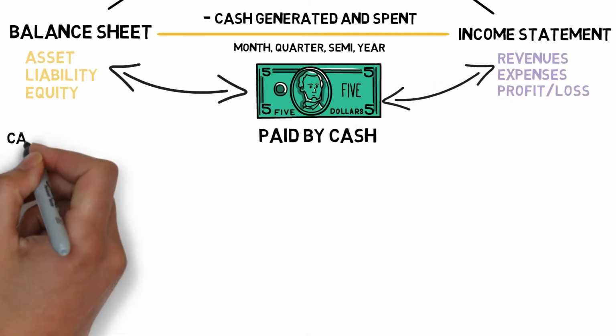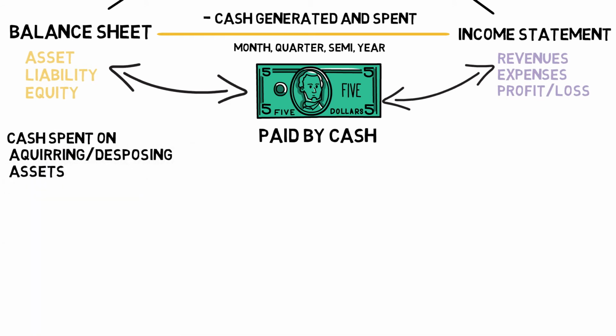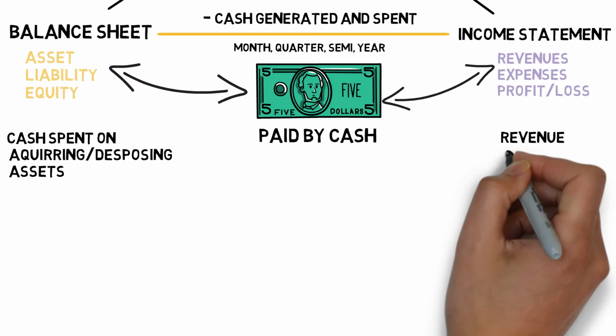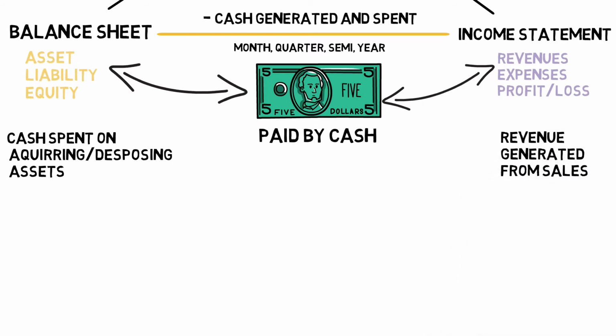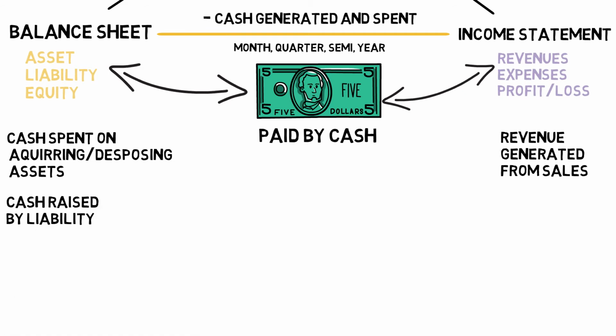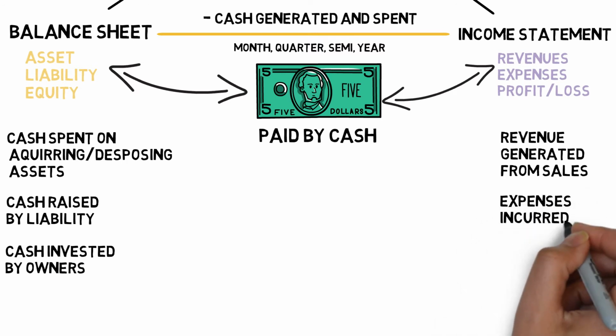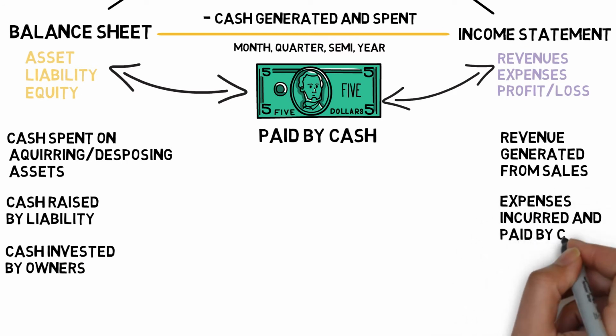The statement of cash flows tells us how cash can be spent on any asset, how much cash has been generated by sales, how much cash has been raised by a liability, how much cash has been invested by the owners, and what expenses were incurred and paid by cash.